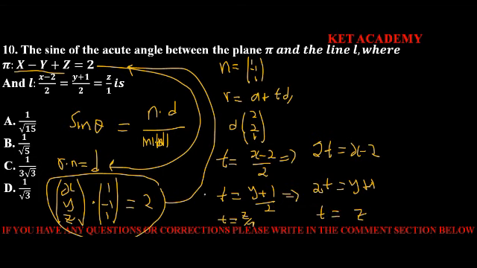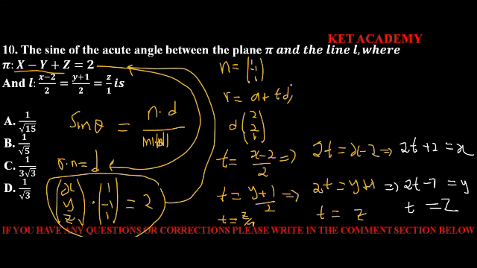If we make x, y and z the subject, we get 2t plus 2 equals x, 2t minus 1 equals y, and t equals z.